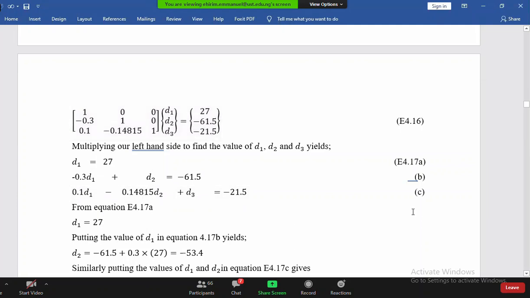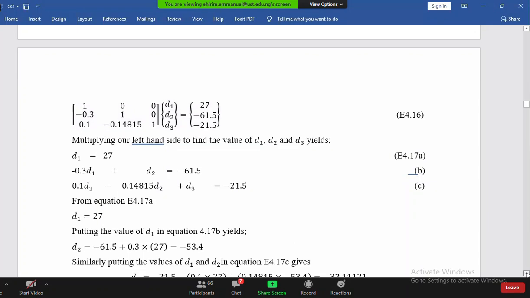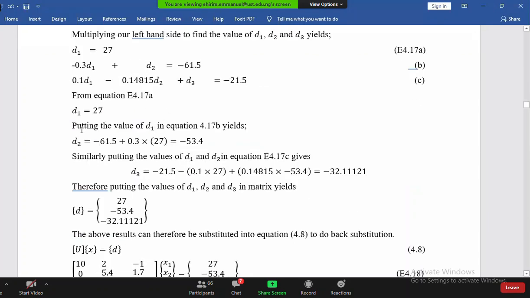If you start resolving those equations one by one, since D1 is 27, substitute D1 into this equation, you will have this. And then substitute D2 into the last equation, and D1, you will have minus 32.11121.